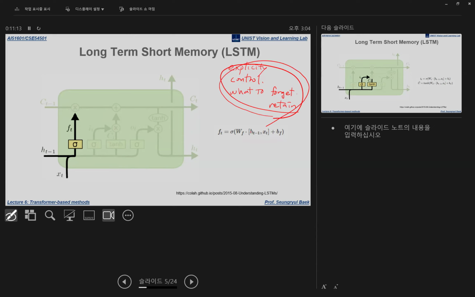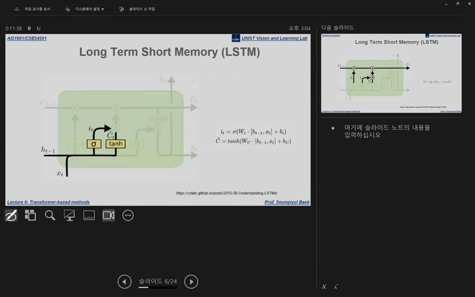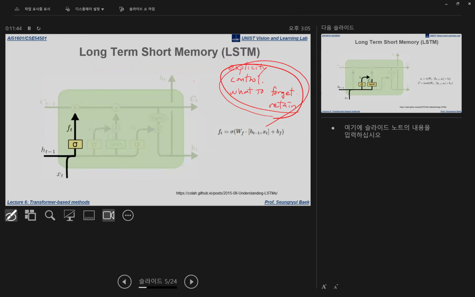Because they are processing the one-dimensional sequential data, basically they are inputting this x of t, which is the t-th element of the one-dimensional sequence, and this is becoming the output.